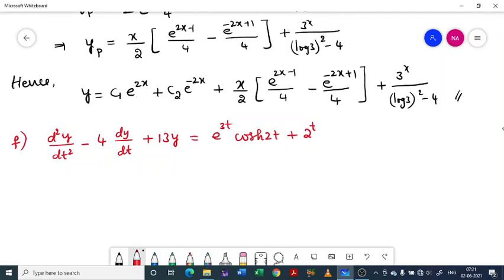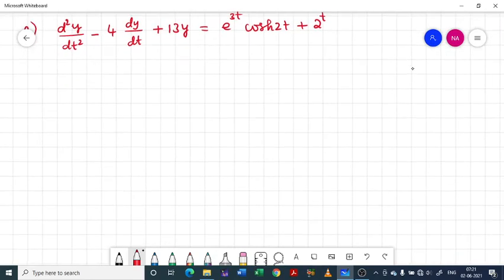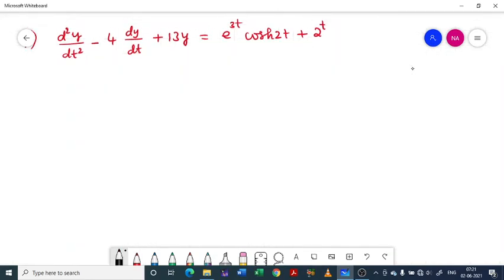Right? The solution, I think yc part you can do on your own. I'll write it directly. Yc will be e power 2t into c1 cos 3t plus c2 sin 3t.